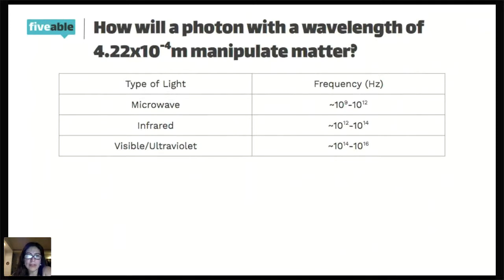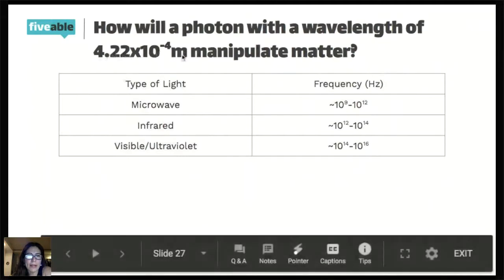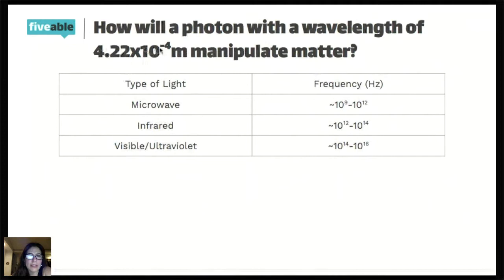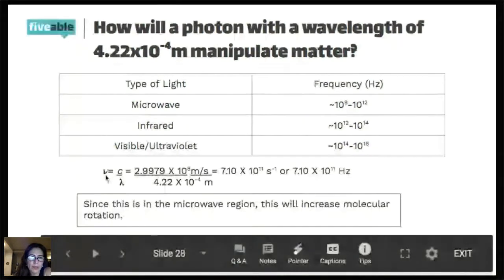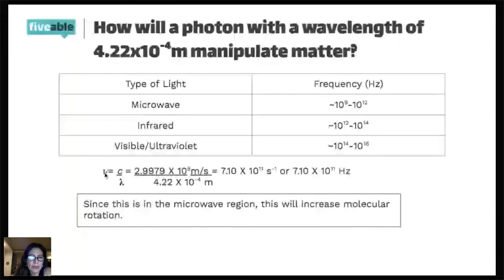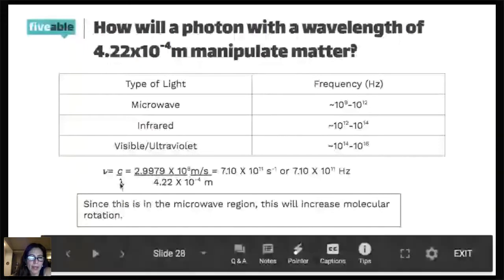Okay, the first step is to change our given wavelength to frequency. If we change this given to frequency, then we can compare to the frequencies given. We can do that by substituting in the formula: frequency equals the speed of light divided by wavelength.